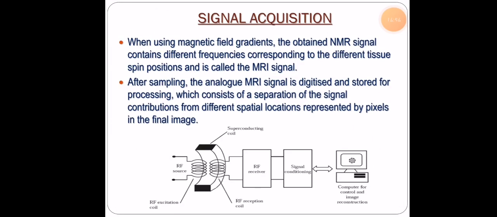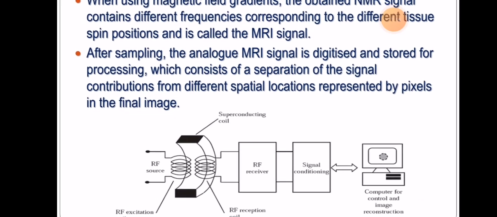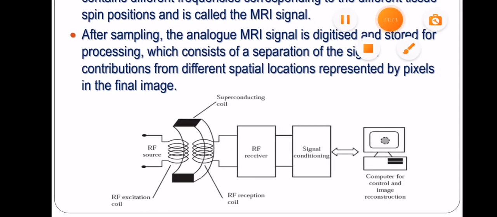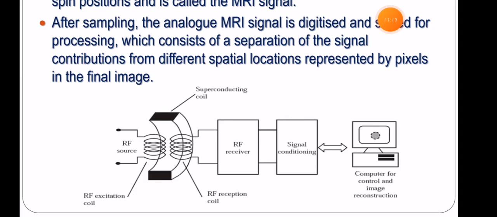Now coming to the signal acquisition. When using magnetic field gradients, the obtained NMR signal contains different frequencies corresponding to the different tissue spin positions and is called the MR signal. You can see in this diagram the RF source, that is radio frequency source, and then there are superconducting coils, an RF reception coil, and an excitation coil.